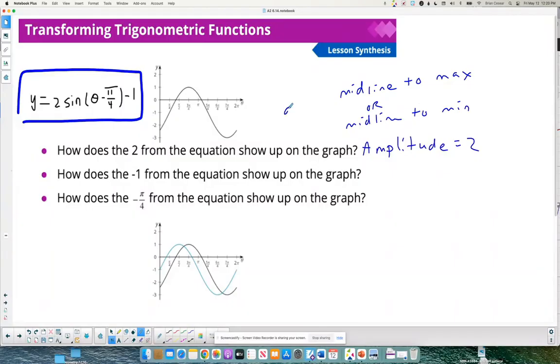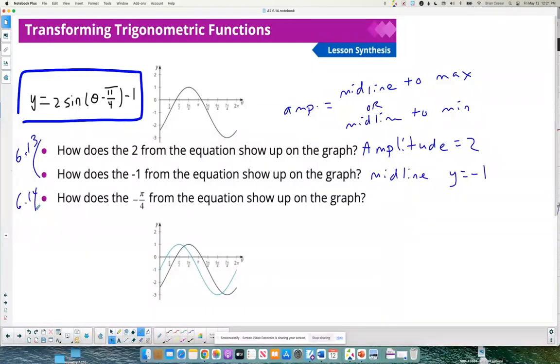All right, that's your amplitude. What does a -1 do? Well, that's going to shift my graph down 1. So my midline is y equals -1. And those are both from the last lesson, from 6.13 and 6.14 today.